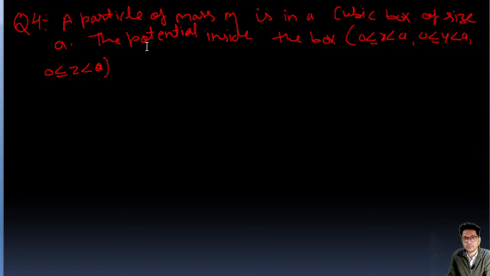The potential inside the box is 0 if this condition is there, and infinite outside.